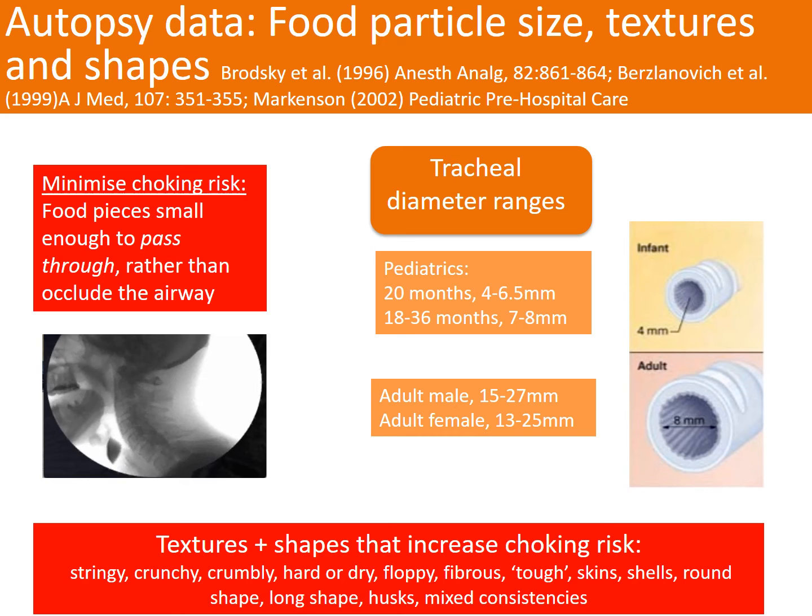For example, in an adult population, the size of the typical tracheal opening is around 15 to 27 millimeters for males and 13 to 25 millimeters for females. So as long as a particle of food is smaller than that, that should enable it to pass through the airway instead of becoming lodged and occluding the airway.